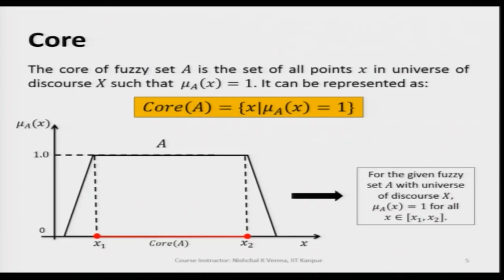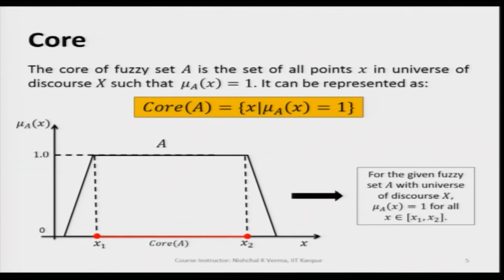Now, let us discuss the core of a fuzzy set. The core of a fuzzy set is the set of all the points in the universe of discourse such that mu A x is equal to 1.